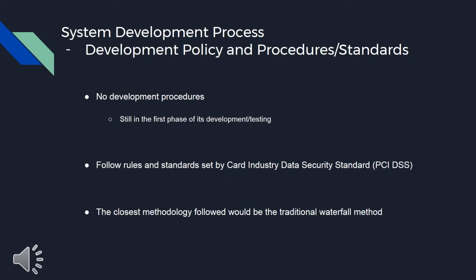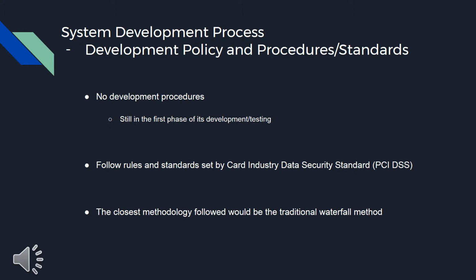Currently, there are no development procedures or process methodology in place at the moment, as the zKVM Linux on the mainframe is still in the first phase of its development testing. However, informal agreements were made by upper management to support high availability and disaster recovery protocols in the long term, once the infrastructure has been fully matured and standardized.